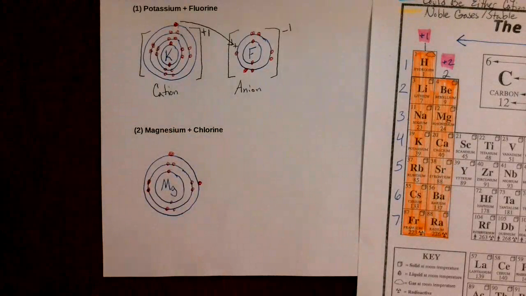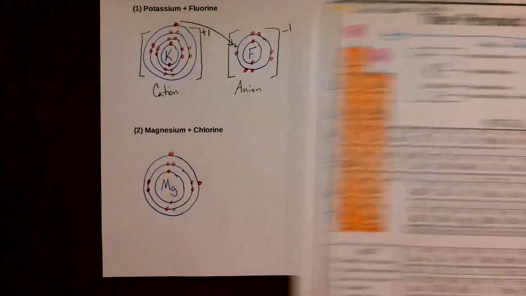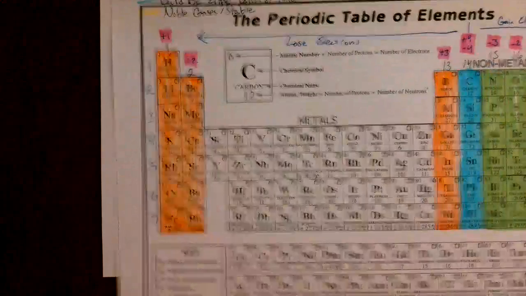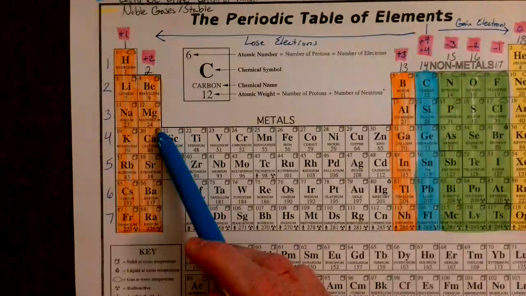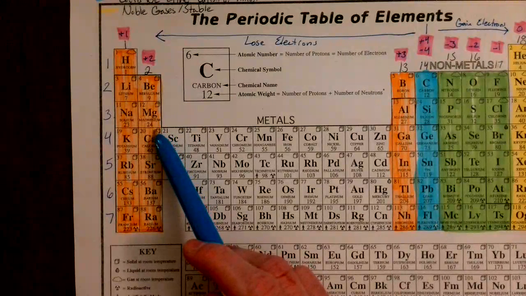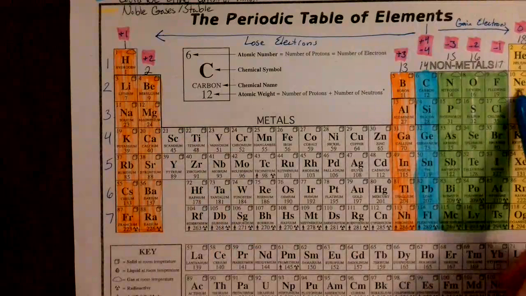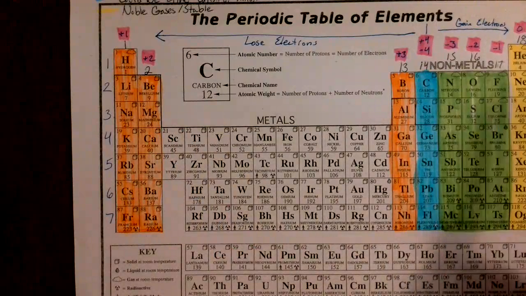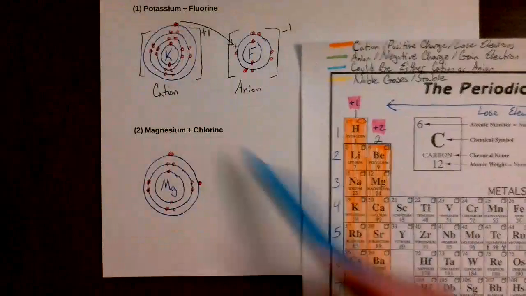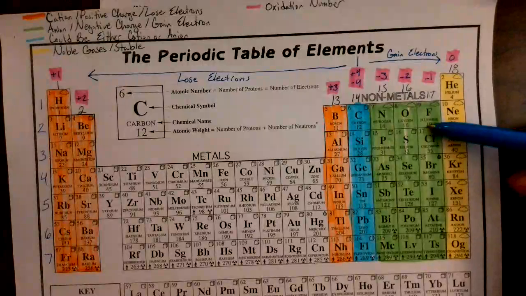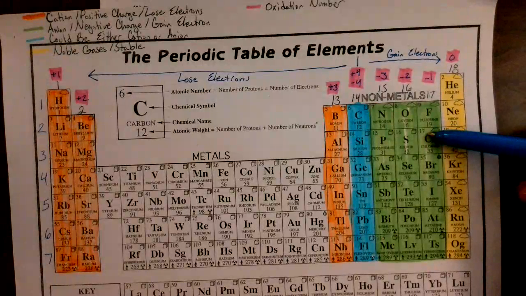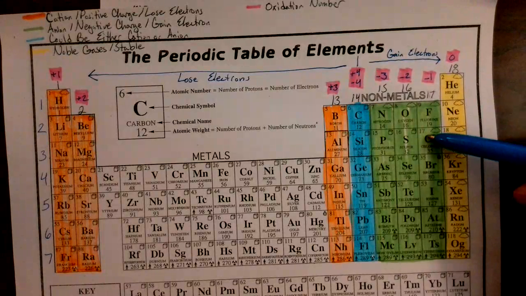Okay, so it's not stable. It wants to look like a noble gas. So it's going to be easier for magnesium to lose the electrons to look like a neon atom. Okay, chlorine, which is our next element. Chlorine is a nonmetal. It is atomic number 17, so that means 17 protons and 17 electrons.